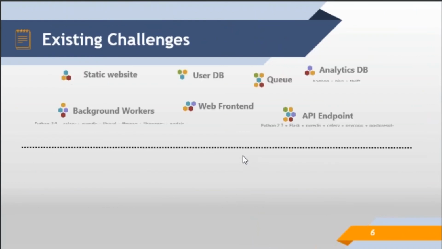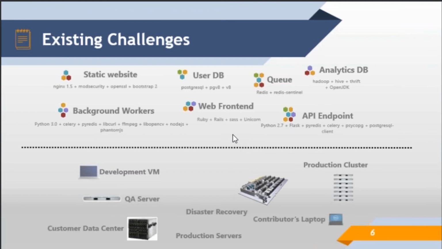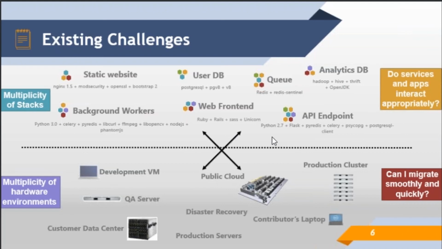If you can visualize it, what we have learned is that there are static website contents, background workers, front ends, and API endpoints. These are all the components that have to be handled by the engineers. And we have the admin teams implementing the hardware infrastructure. They have data centers and disaster recovery points, and all of these are handled either on-premises or on the public cloud.